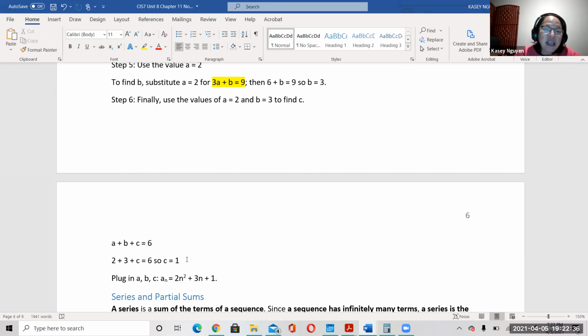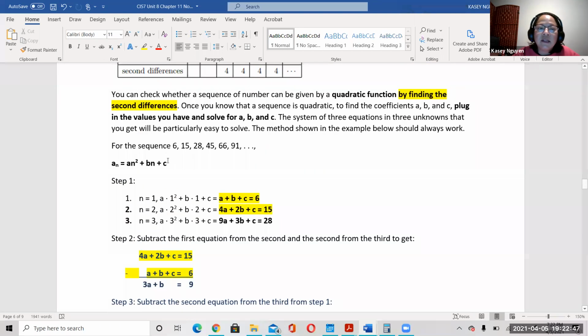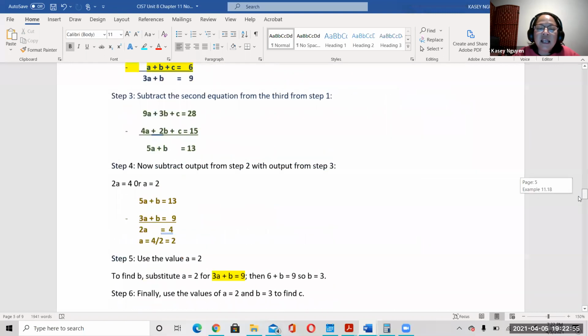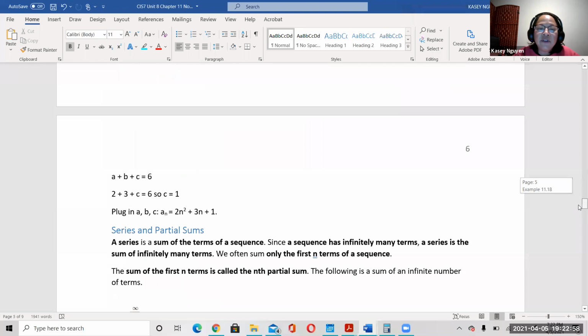Then once we have A, B, and C, then we plug it into the original equation, which is this guy right here. Okay. And then we plug A, B, and C in, and we should have 2n squared plus 3n plus 1 is your A of n.